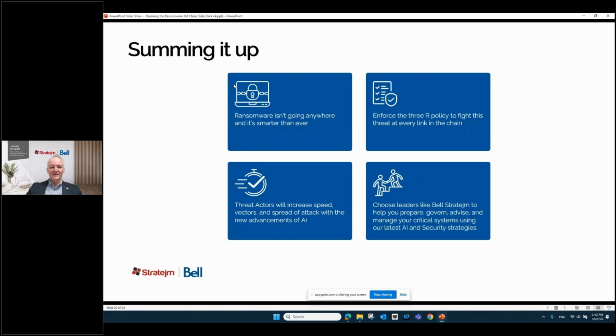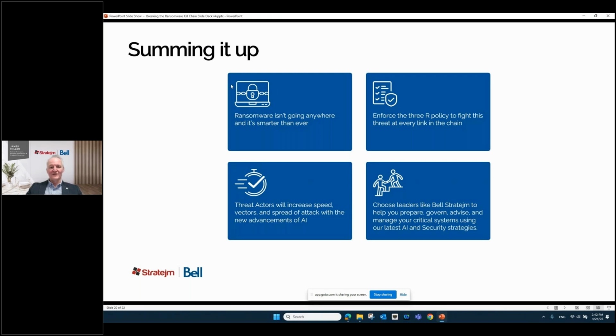And choose leaders in the industry. Bell is a proven IDC leader in security. Stratagem is the only Canadian company in Gartner's research that is mentioned. And we work together with leading manufacturers to create the cyber mesh that protects our customers.